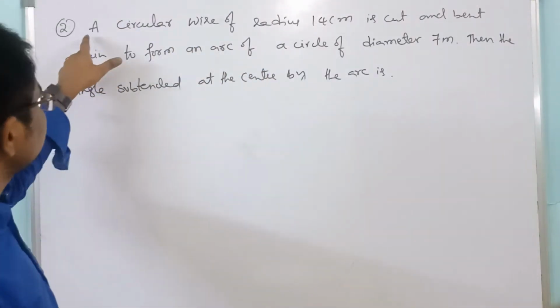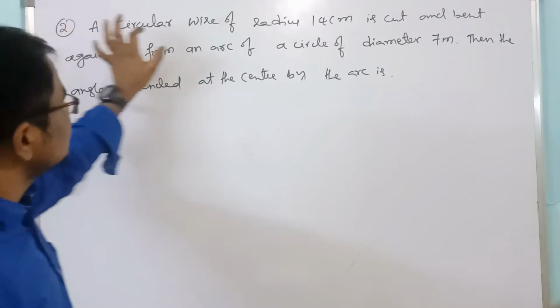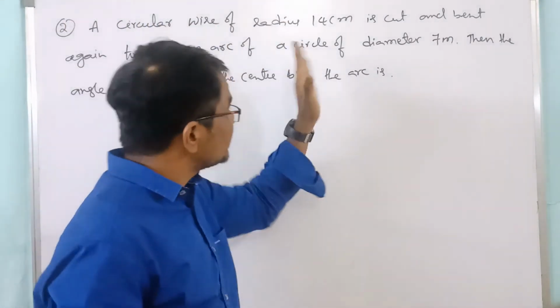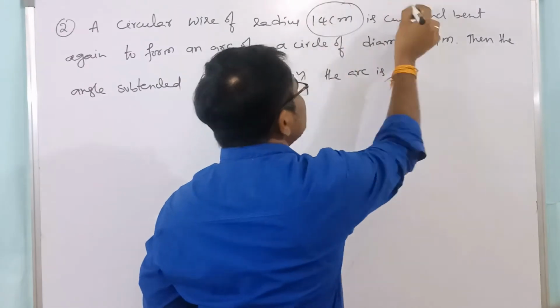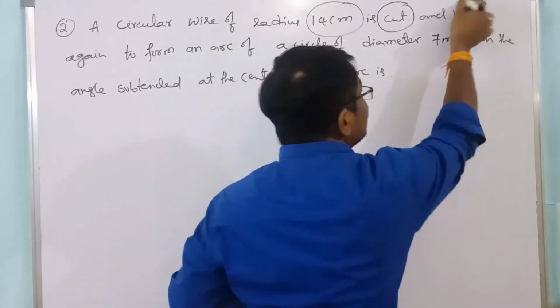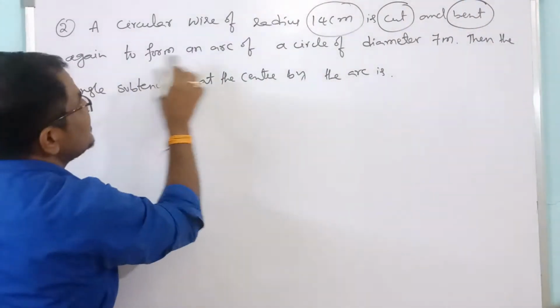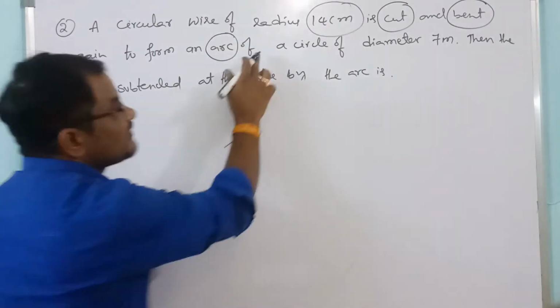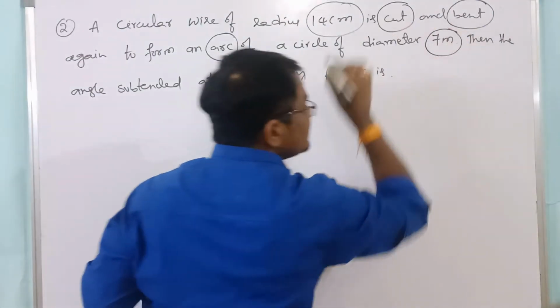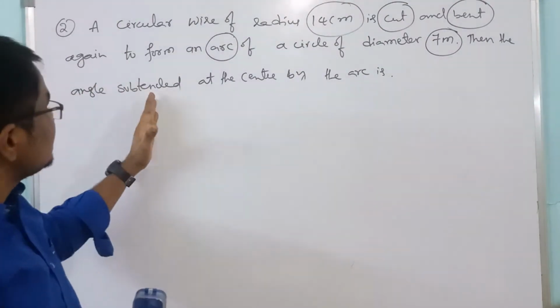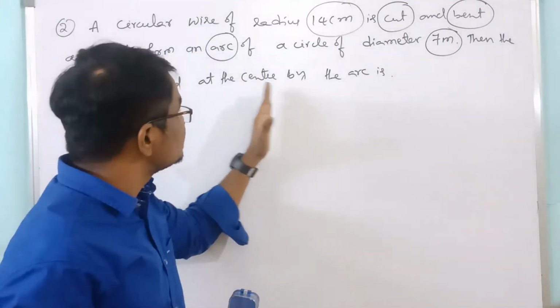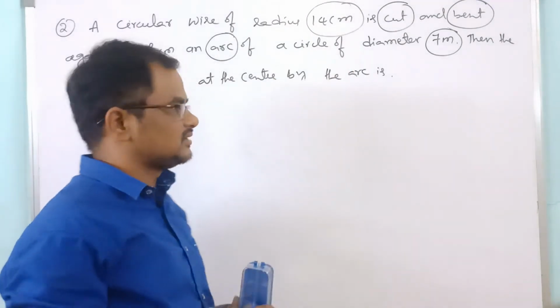Now see the second problem. This is an important problem. What is given? A circular wire of radius 14 centimeters is cut and bent again in the form of an arc of a circle of diameter 7 meters. Then what they are asking: the angle subtended at the center by the arc.